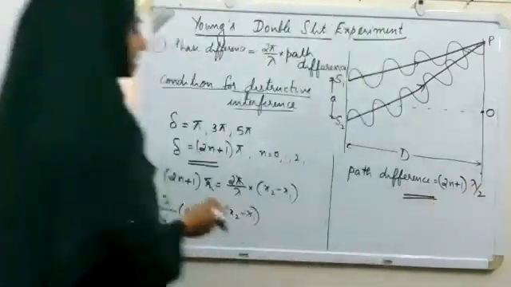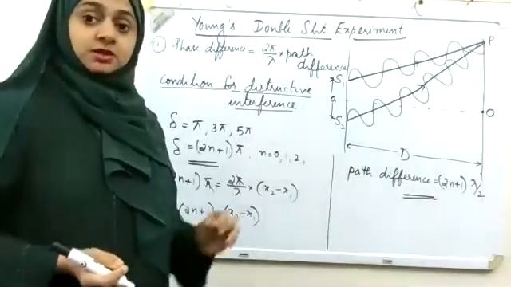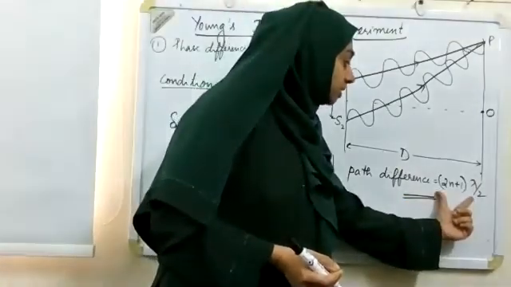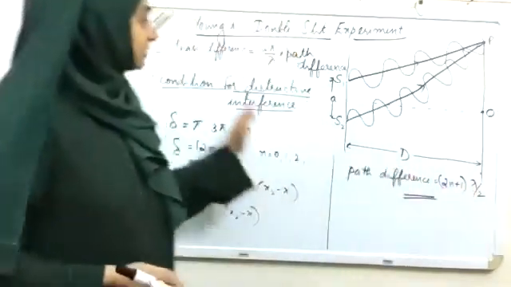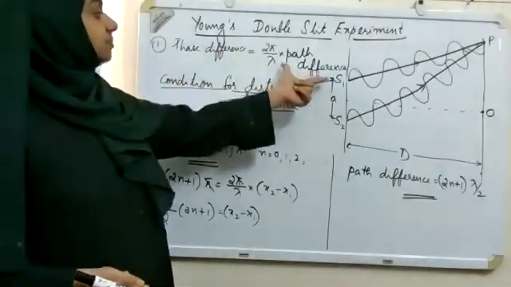So the path difference should be an odd multiple of lambda by 2.